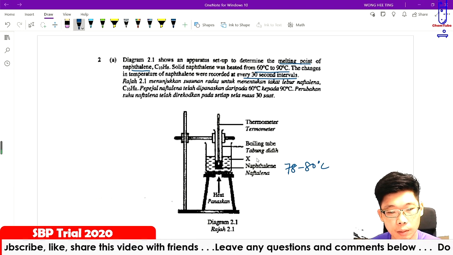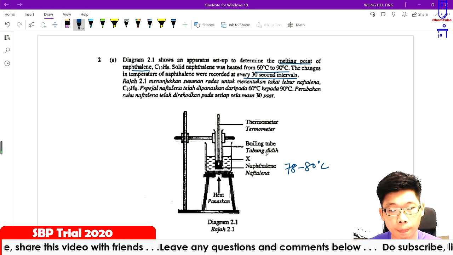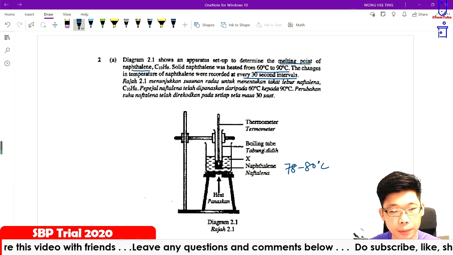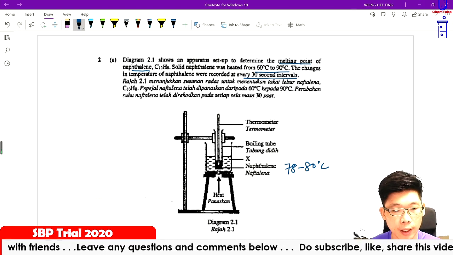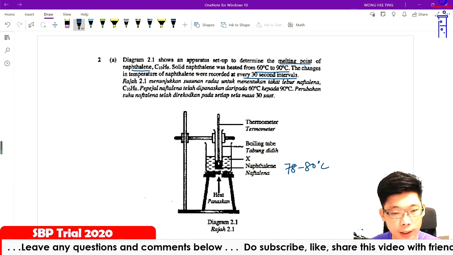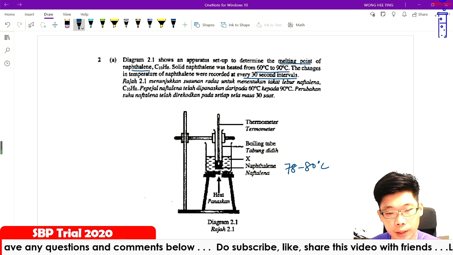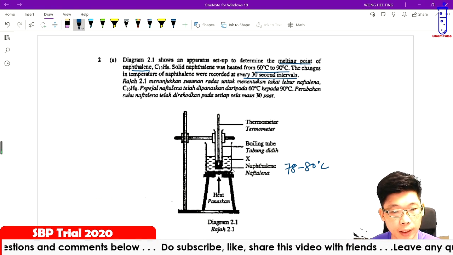So X, normally you put it into the water bath. Then put the boiling tube inside and heat it indirectly. The boiling tube cannot touch the bottom of the beaker here.